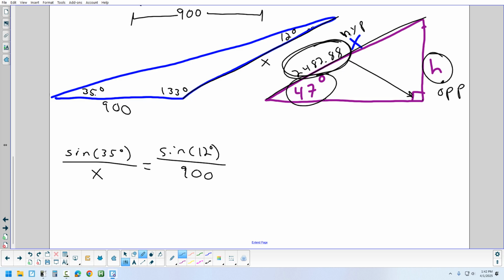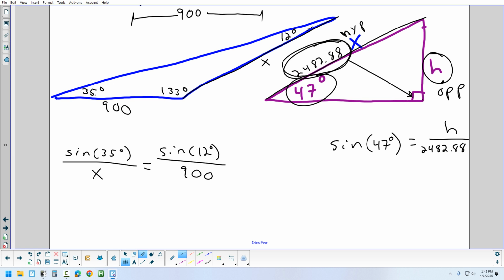So sine of 47 equals opposite over hypotenuse, h over 2,482.88.